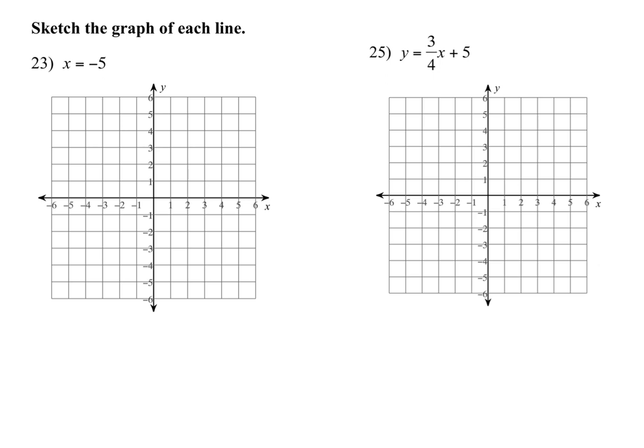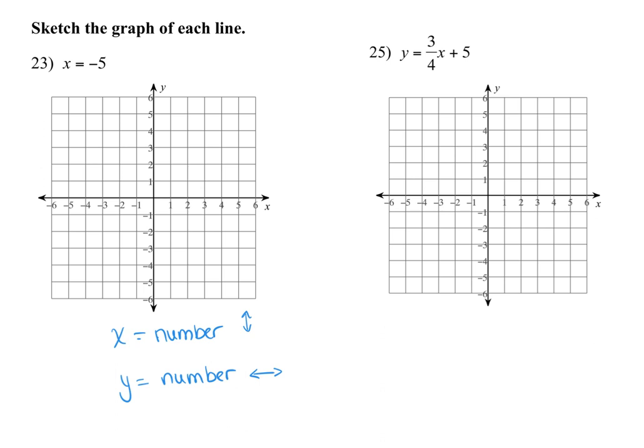All right, so this first one is actually a special case. There are 2 special cases. You can have x equals some number, and you can have y equals a number. X equals a number is going to be a vertical line at that number. Y equals a number is going to be a horizontal line at that number on the y-axis.